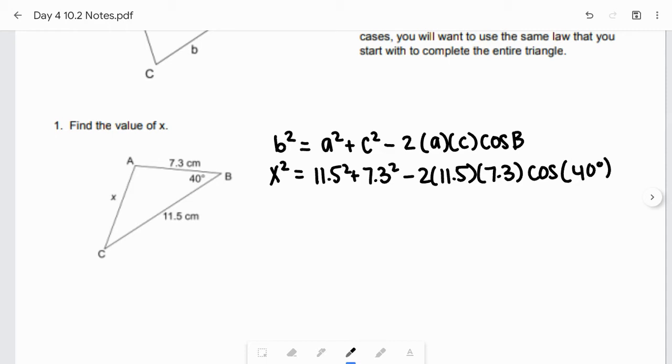Since my variable is on the left-hand side, I can just type everything on the right-hand side into my calculator. If we do that, you should get that x squared is about 56.92 centimeters. Then we could take the square root and we find that x is equal to approximately 7.5 centimeters.